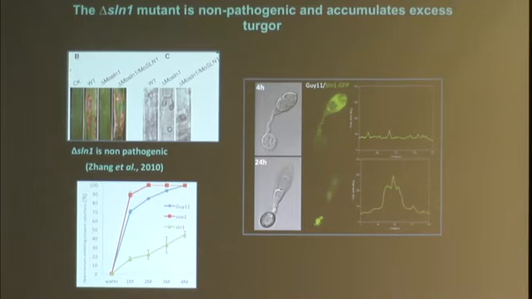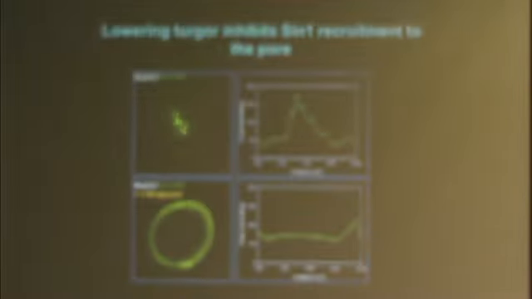So this suggests that, because there is no sensor, the cell continues to build up the turgor pressure, but it cannot induce the repolarization of the cytoskeleton, and you cannot penetrate the rice leaves. And when we localize SLN1 GFP, we realize that it also localizes around the pore where these polarity changes are happening. You can see this here in a better way. This is the cell wall autofluorescence, and if you look at the SLN1 GFP, you can see it here in the pore region.